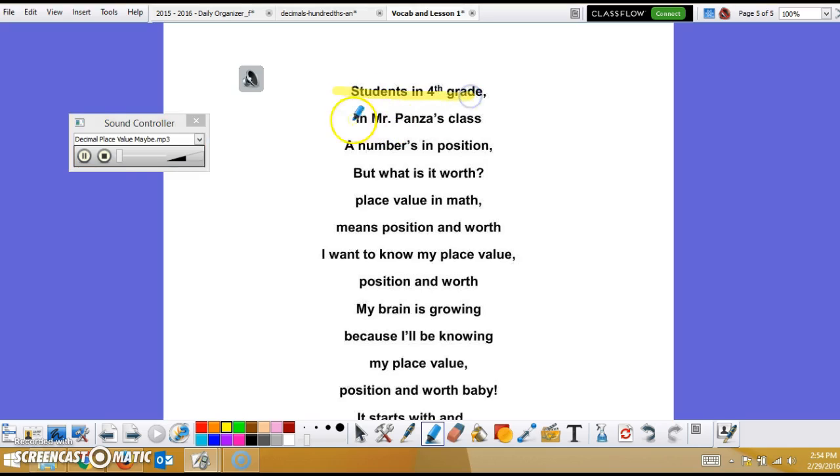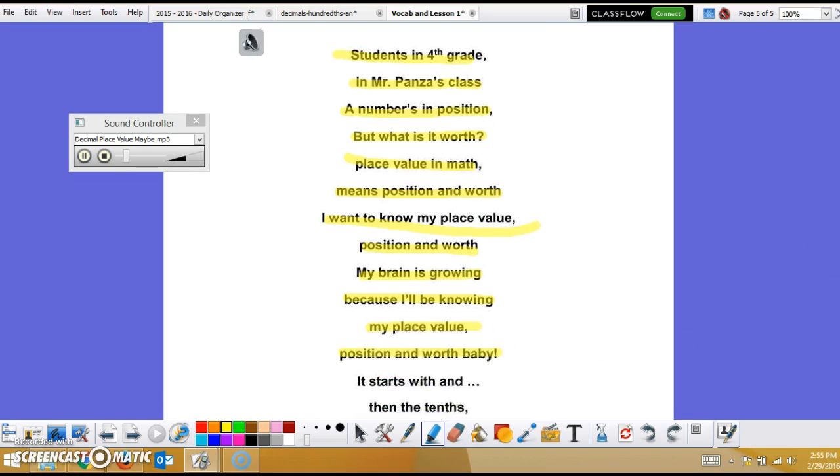Students in 4th grade in Mr. Panza's class, in numbers in position, but what is it worth? Place value in math means position and worth. I want to know my place value, position, and worth. My brain is growing because I'll be knowing my place value, position, and worth, baby.